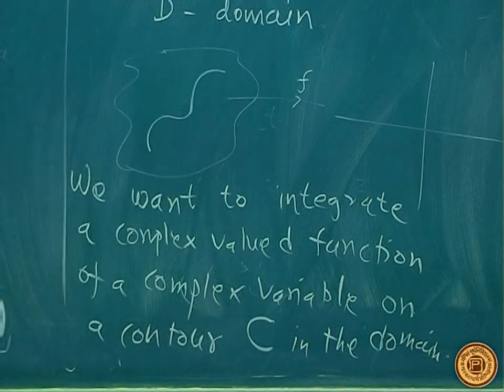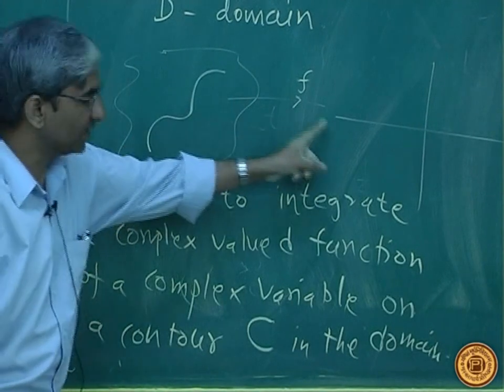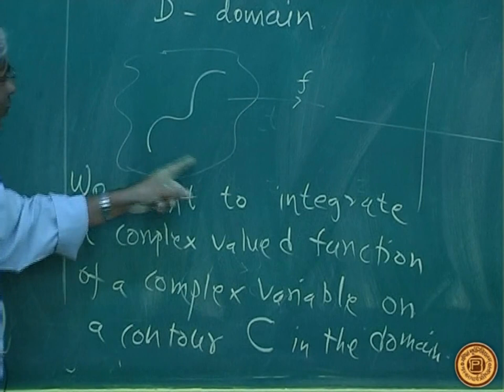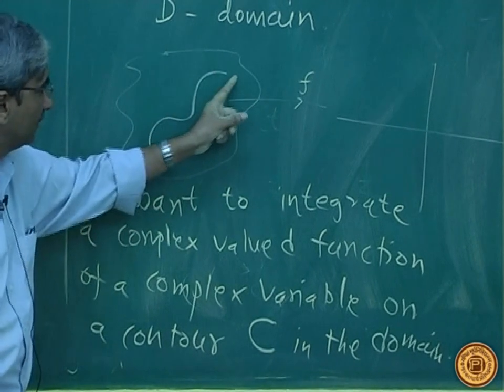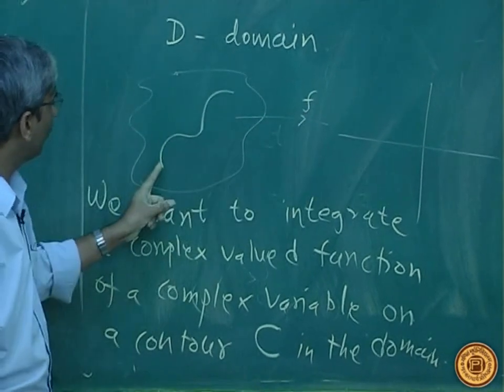So this sentence you have to read again and again. This is what we want to do. There is a function, and in the domain of the function there is a contour, and we want to integrate this function on this contour.